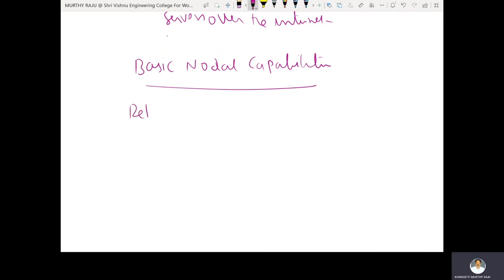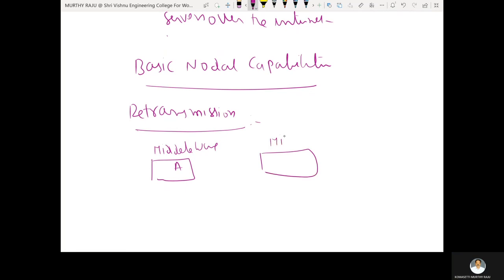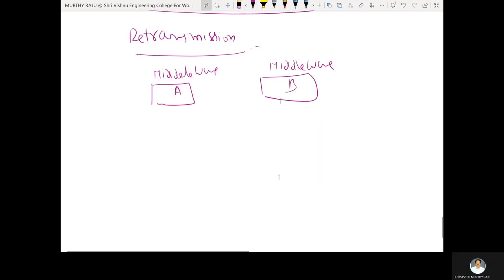First one, retransmission. Suppose the data is sent from middleware A to middleware B and successfully reaches middleware B. Middleware B sends positive acknowledgements.